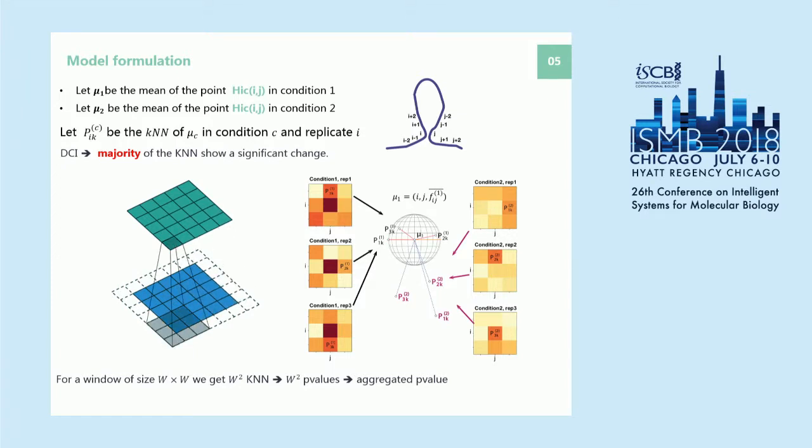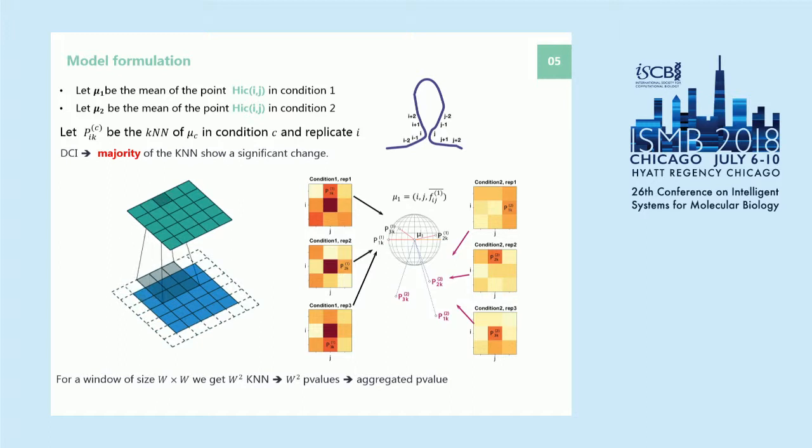So we define a window around the interaction Ig, and the idea is that if you have a true differential interaction, you should see that many of the neighbors also show a difference in their interaction frequency.